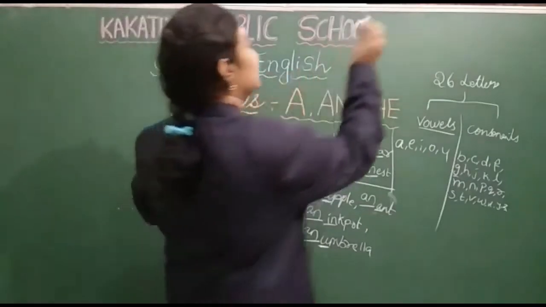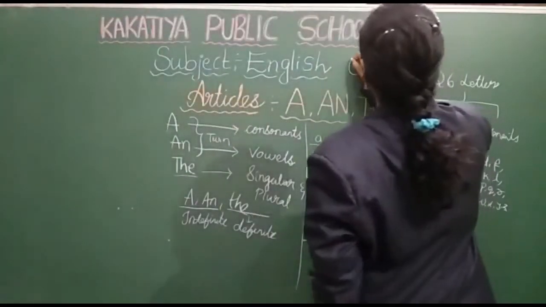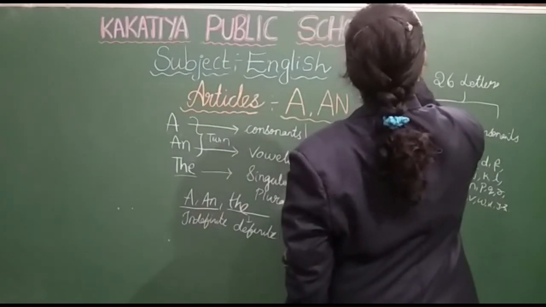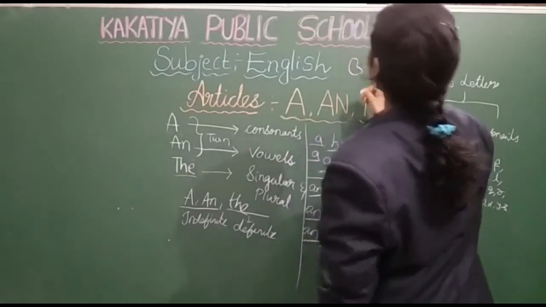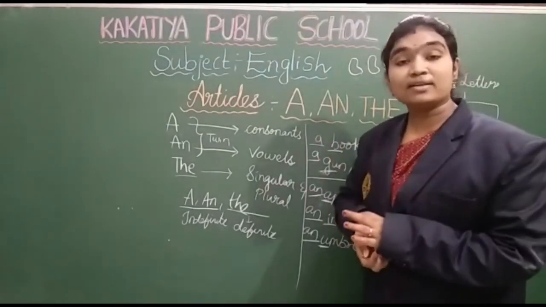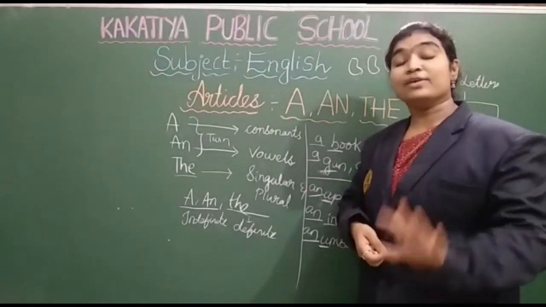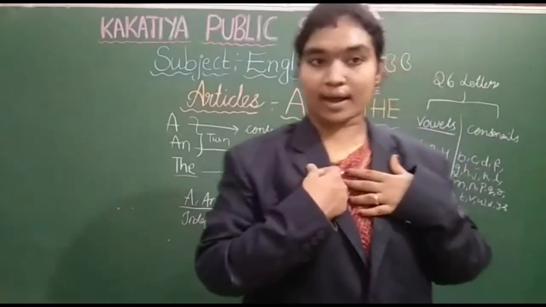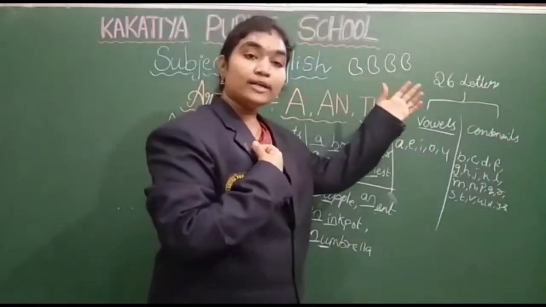Look here. I am having 4 mangoes over here. How many mangoes am I having? I am having 4 mangoes. If I want to ask for a mango, how would I ask? I want a mango.